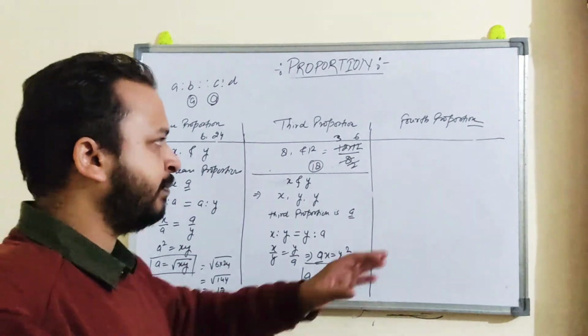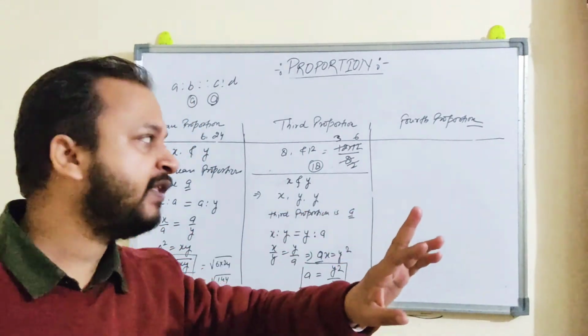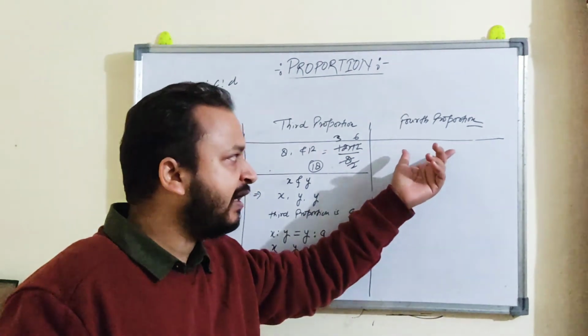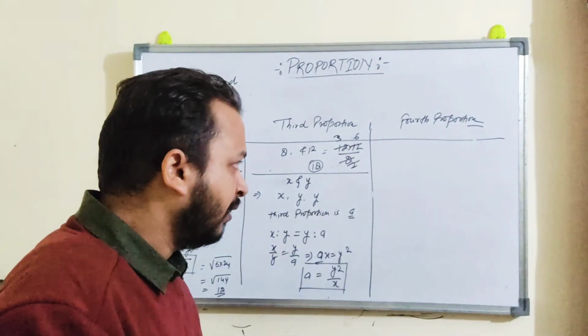Right, now come to fourth proportion. In fourth proportion, if they ask you to find the fourth proportion, it means they will give three different quantities.